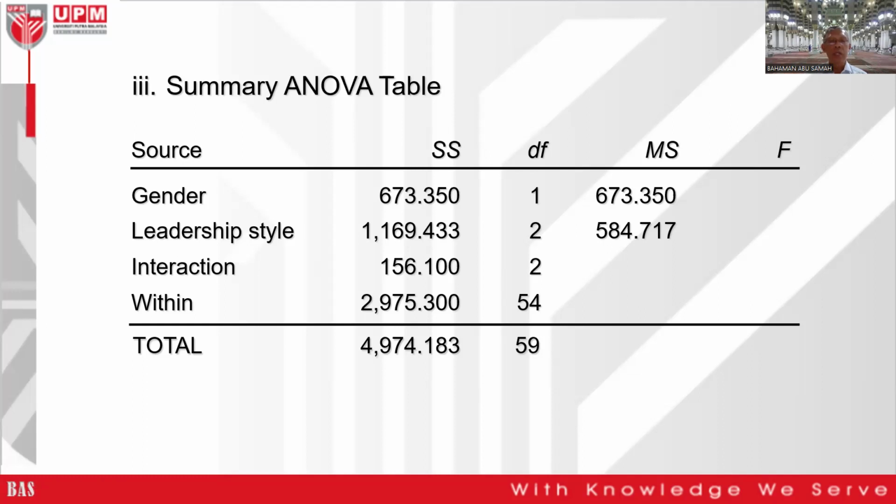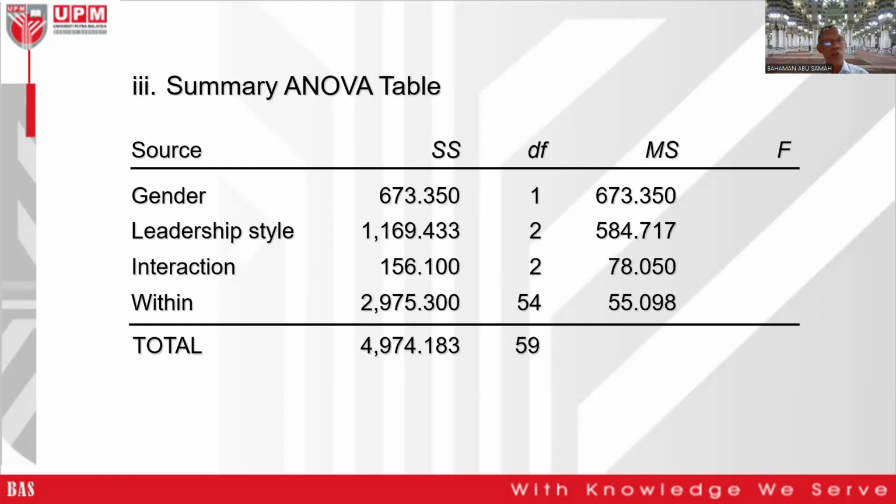Interaction, sum of squares between for interaction, 156.1 divided by 2, that will give us 78.050. And finally, mean square within, which is 2975.3 divided by 54, that will give us 55.098.